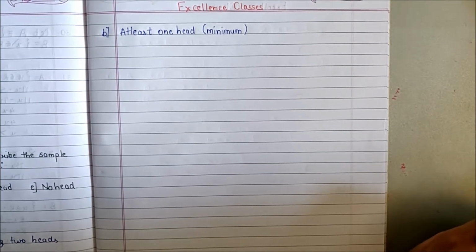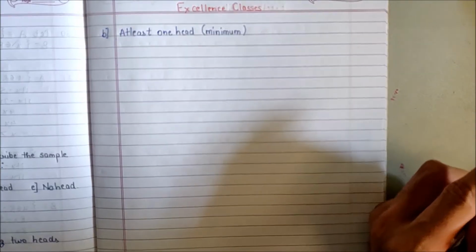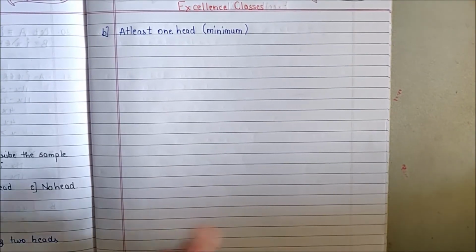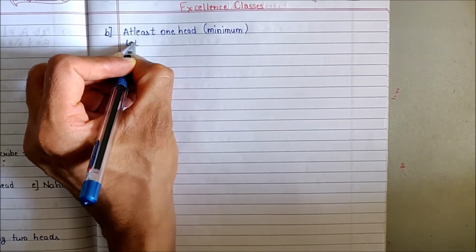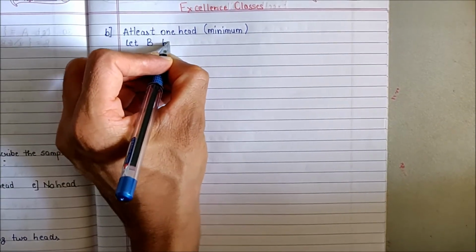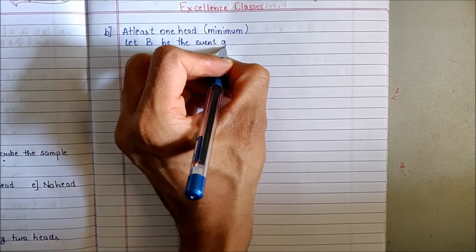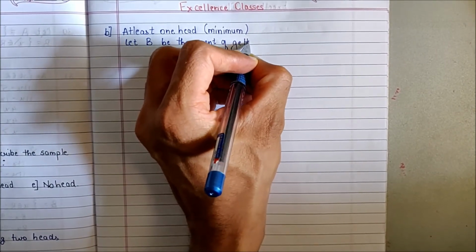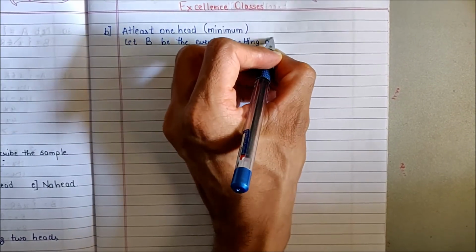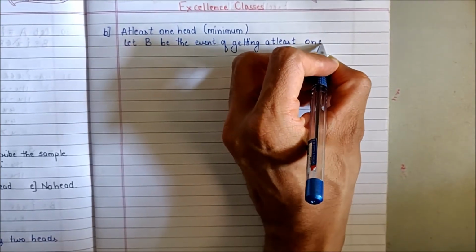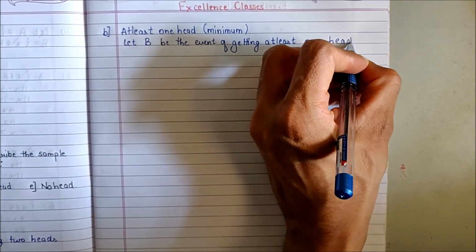So at least one head means you are supposed to find minimum one head.